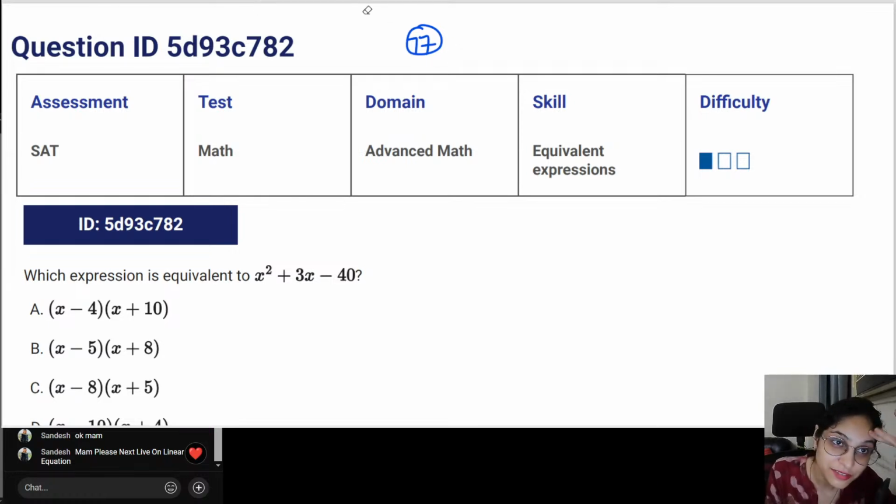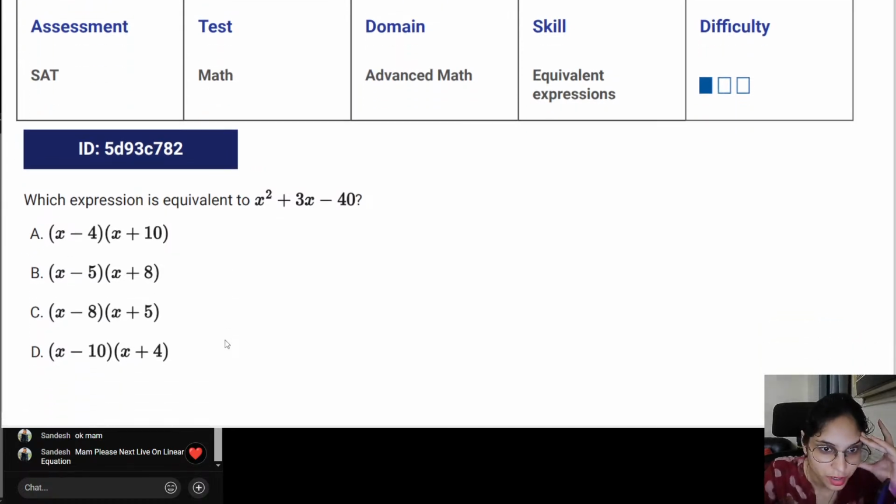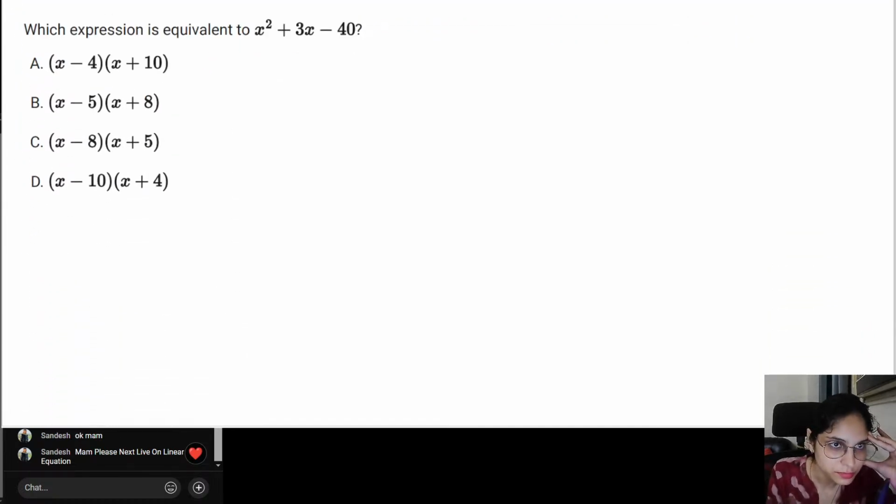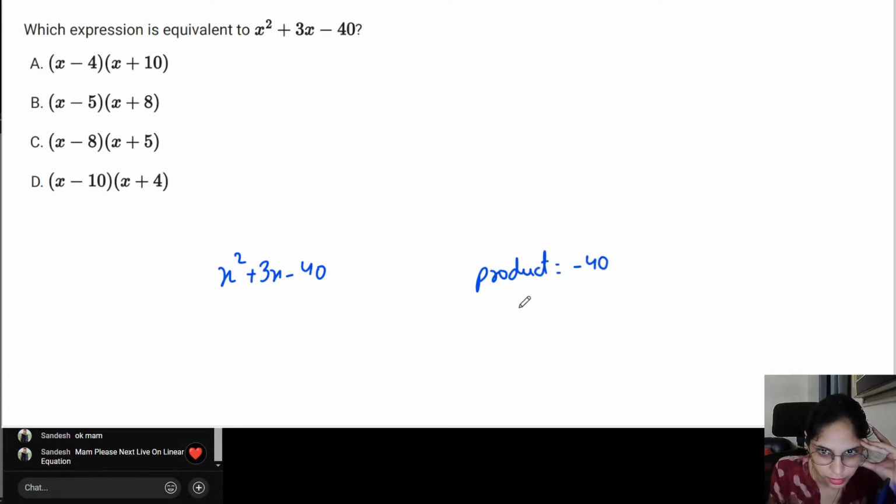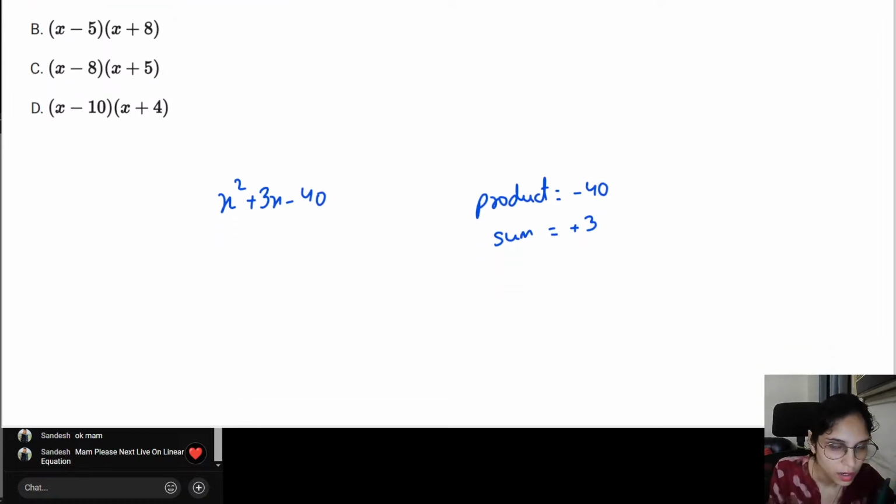Now factorization, everybody has a different method, so I will have a difficult time explaining it. So you have x squared plus 3x minus 40. So your product should be negative 40. Your sum should be plus 3. Some people make an x and then try to find the numbers.